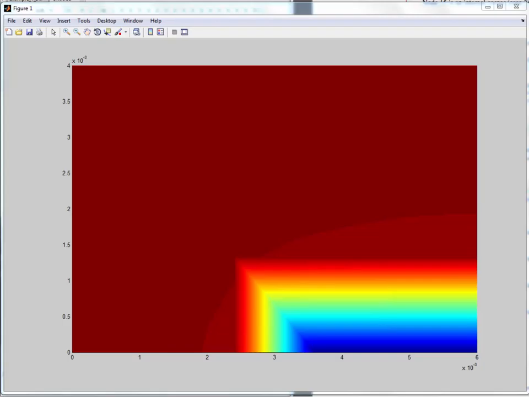Please make sure that you follow all the steps, derive all the equations, be able to solve the system using the inverse of the matrix times B, and be able to plot the temperature distribution of this problem.